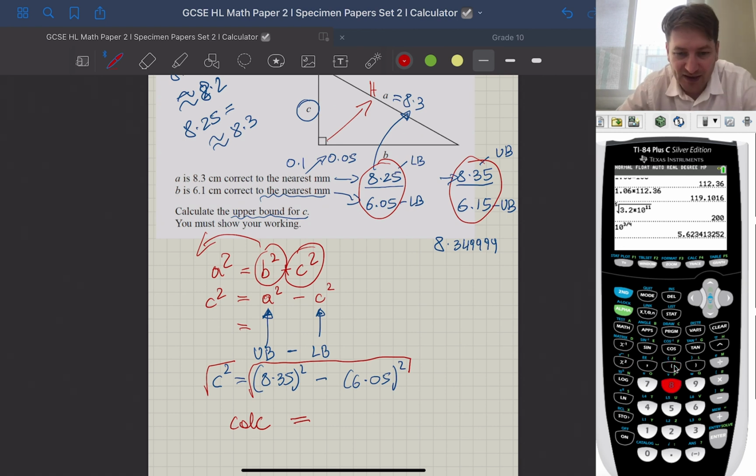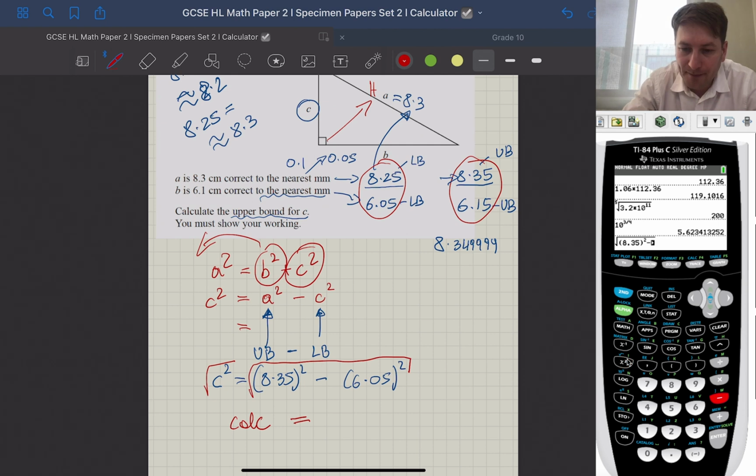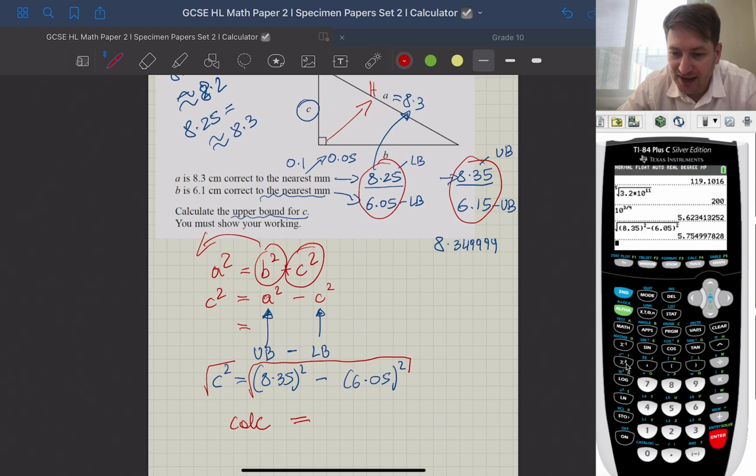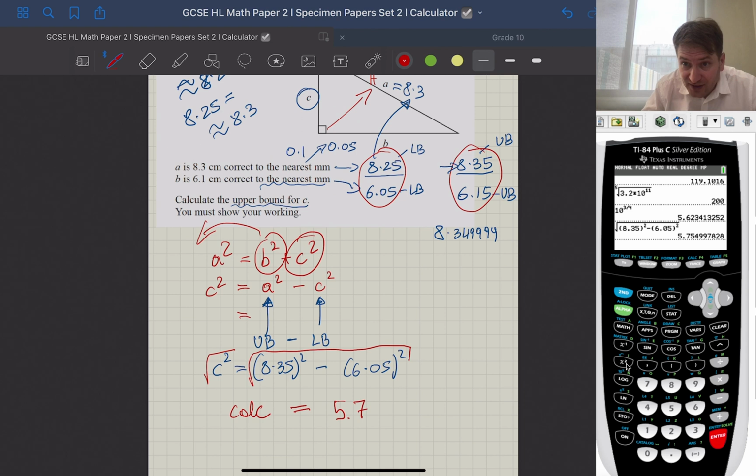I'm going to put 8.35, close the bracket, squared, and then minus, open the bracket, 6.05, close the bracket, squared, and press enter. This gives me 5.754997828. This will be enough for you to get the full 4 marks on this question.